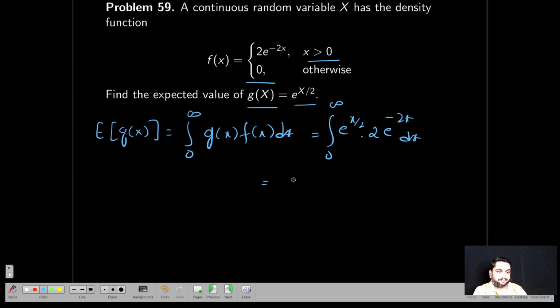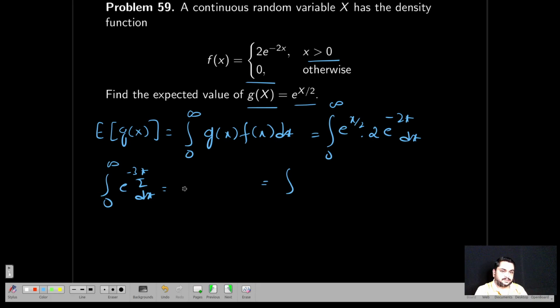So you can simplify it already. 0 to infinity, e power x by 2 minus 2x, that is 1 by 2 minus 2, so e power minus 3x by 2 dx. Now you integrate this.